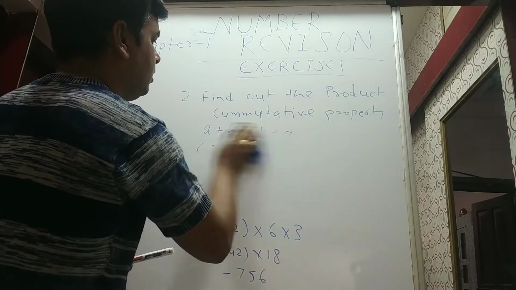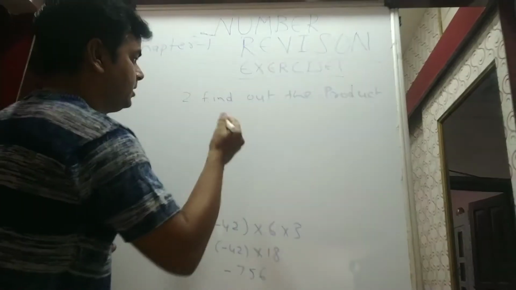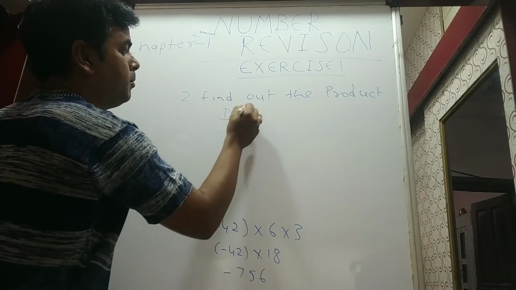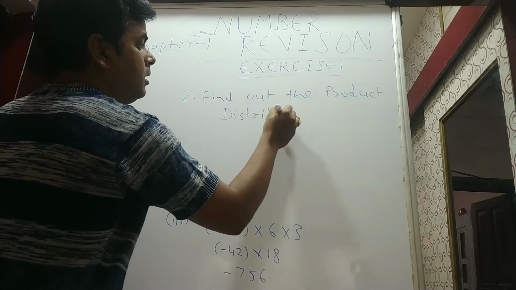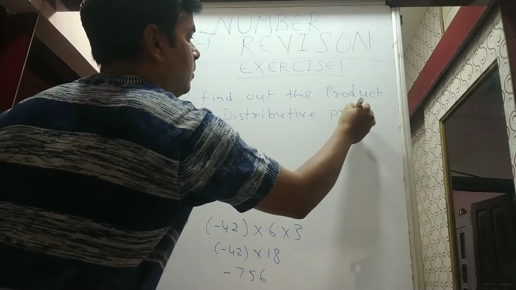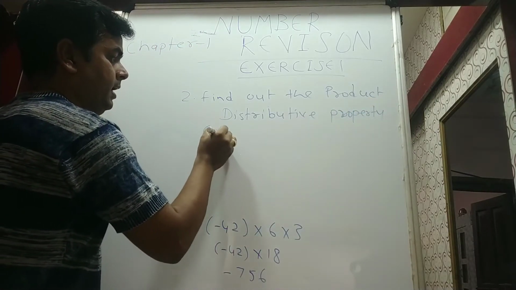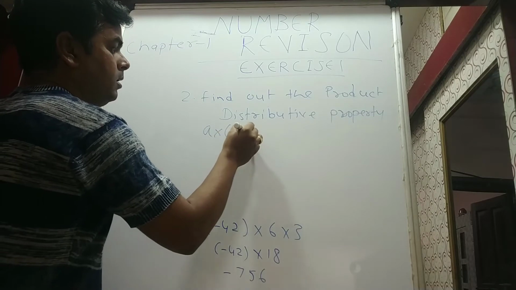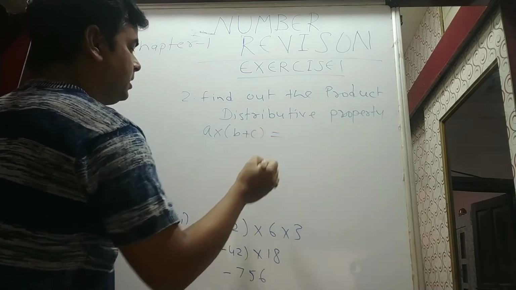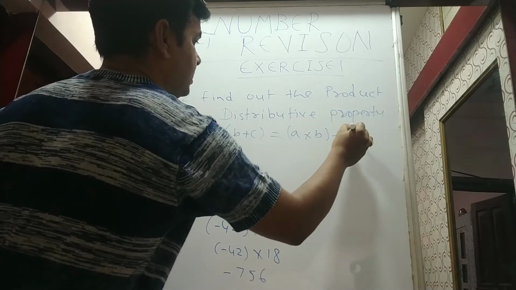Along with this, there is one more property called the distributive property. What is that? If a is multiplied with b plus c, it can be written as a into b plus a into c.